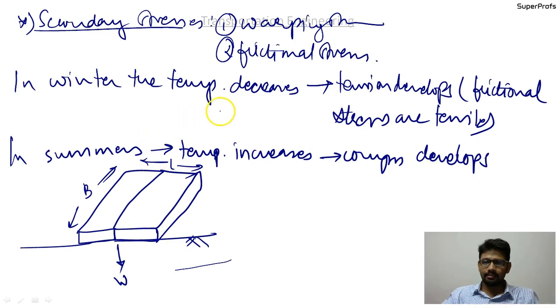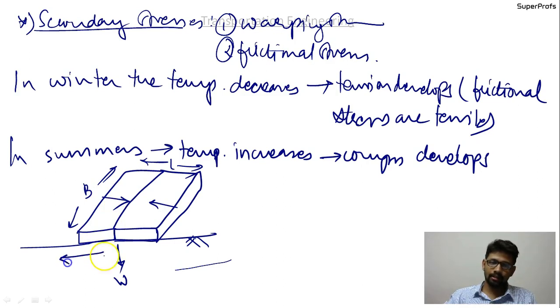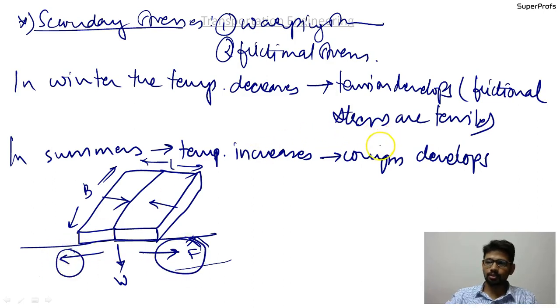As the temperature decreases, this is going to contract like this, and the friction is going to act in the opposite direction. That is the reason the friction is said to be tensile over here. The frictional stresses generated are tensile.